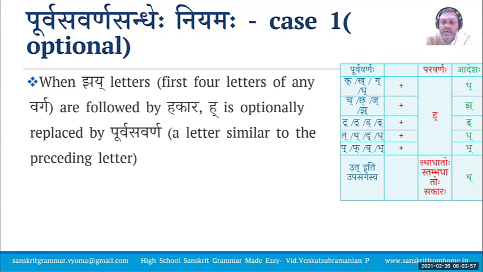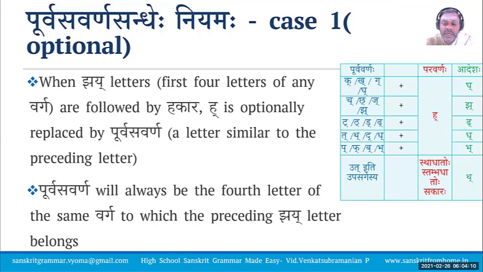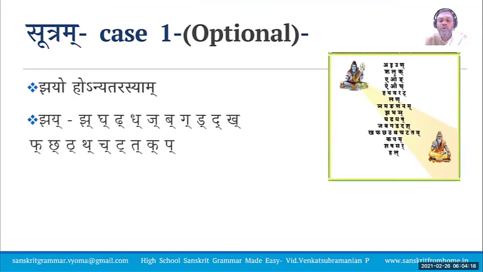When jhal varnas, the first 4 letters of any varga, are followed by hakara, ha is optionally replaced by Poorvasavarna, a letter similar to the preceding letter. Poorvasavarna will always be the 4th letter of the same varga to which the preceding jhal letter belongs. So the rule here is jhayo ho nyatarasyam.